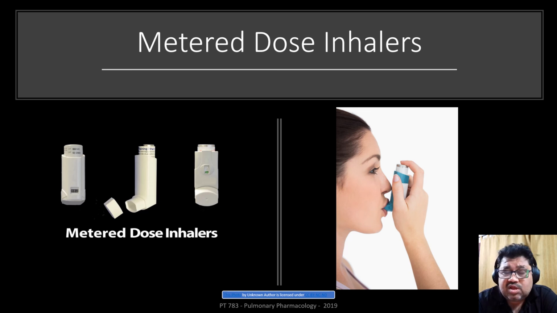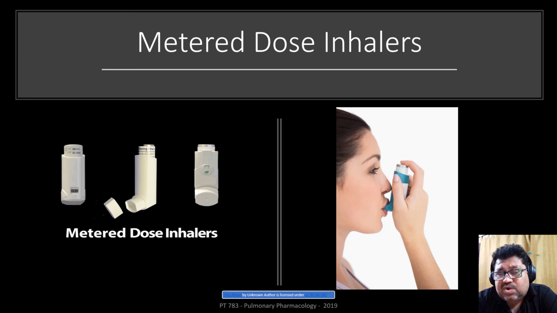Unfortunately, a lot of people use the inhalers wrong, and if it is used wrong, it has the tendency to get swallowed more than getting inhaled, and the effect of the drug may be lost. If you recall, any drug that reaches the systemic circulation will first transition through the liver and undergo first pass.